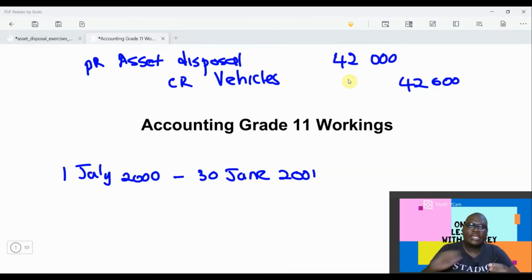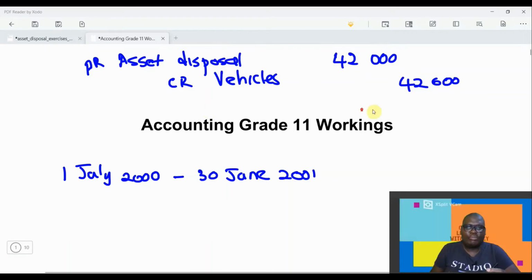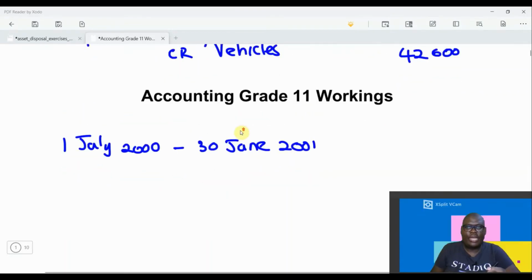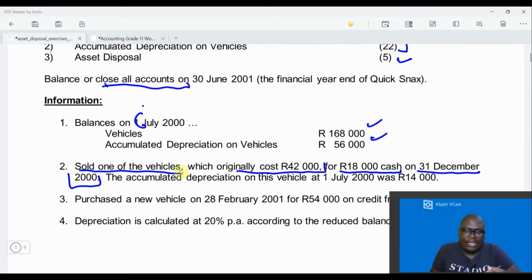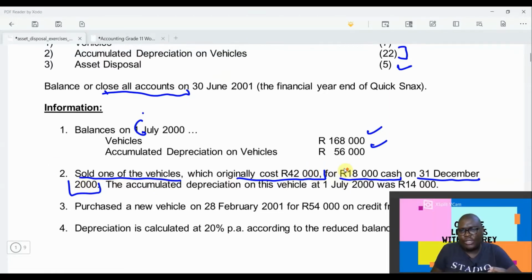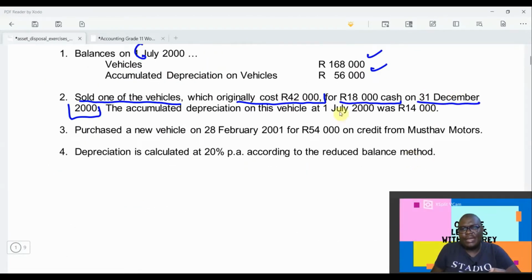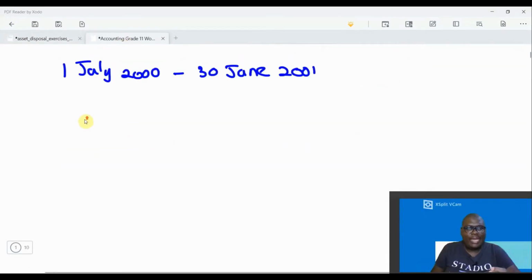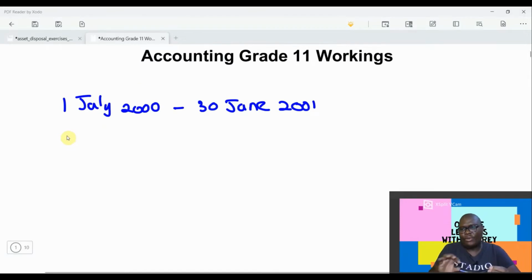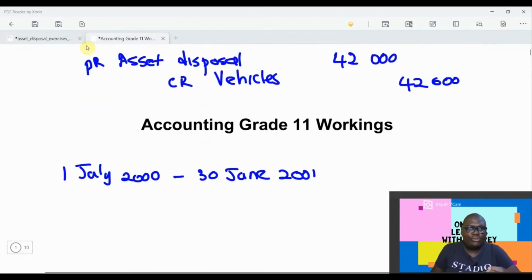Now we need to take this information that we have written here and transfer it to the accounts that we're supposed to deal with. Okay, now let's go to this account. We know that this thing cost us 42,000, and this vehicle that we sold was sold on 31 December 2000. We can draw a timeline here, but we will come back to that when we have to do the depreciation.